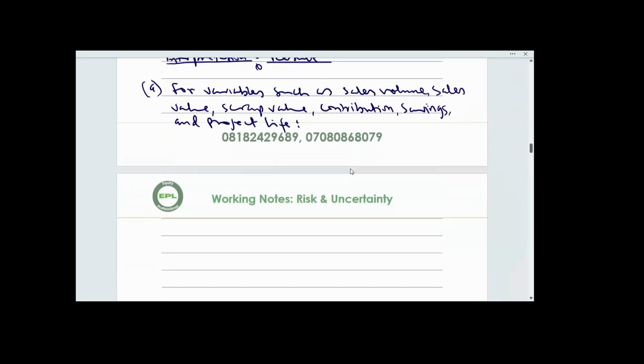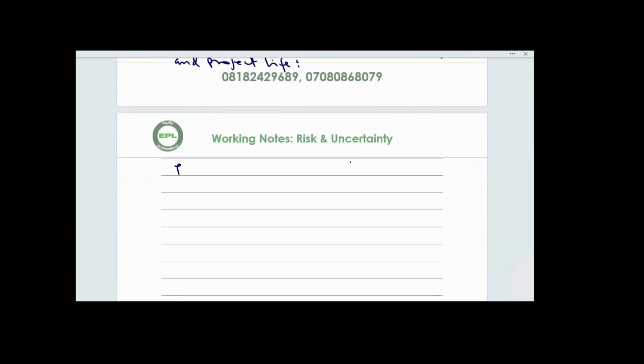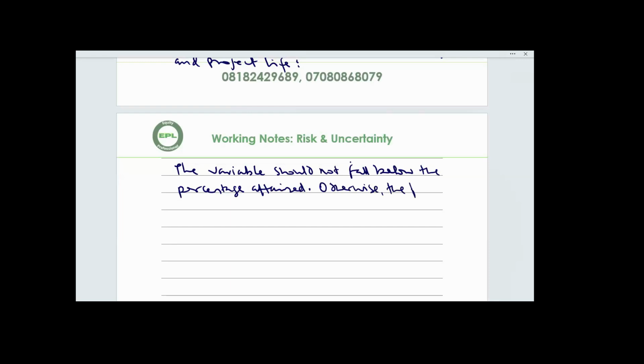the interpretation should be that the variable, that is, any of the variables I mentioned above, should not fall below the percentage attained, otherwise the project will not be viable.